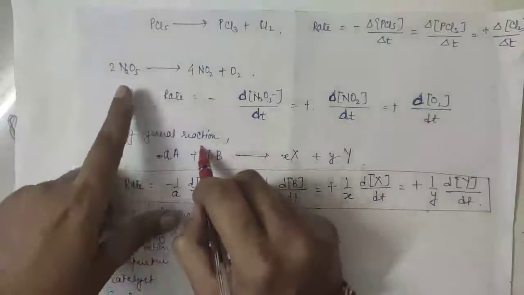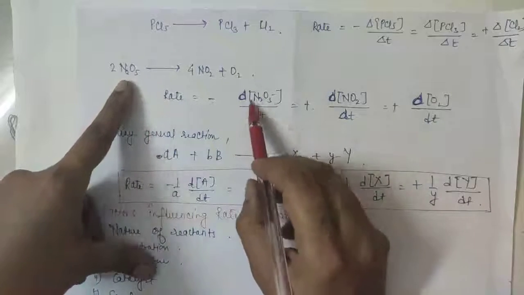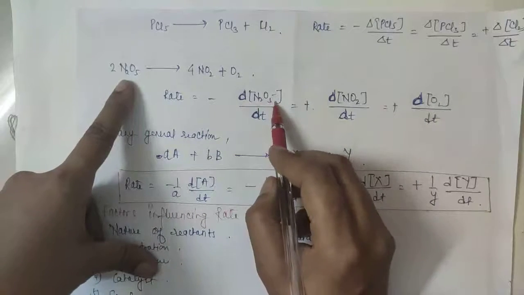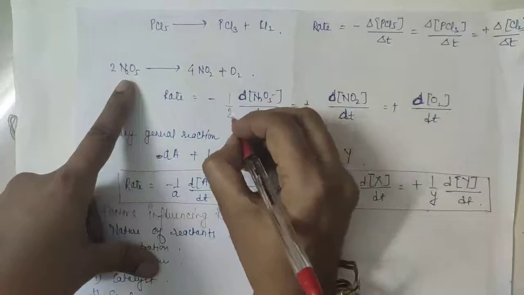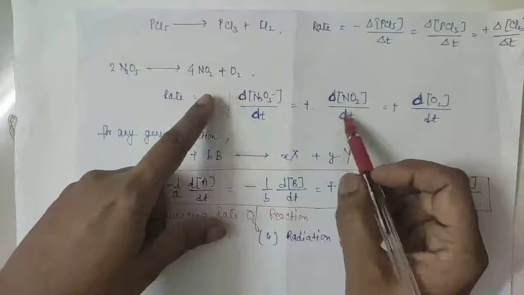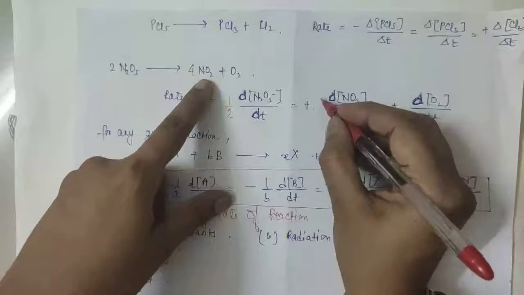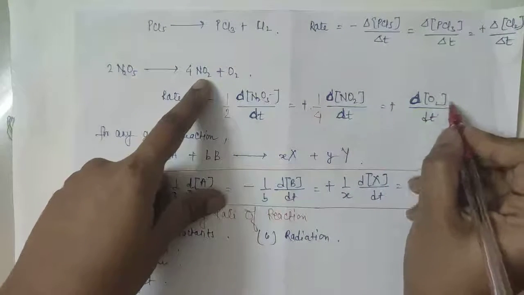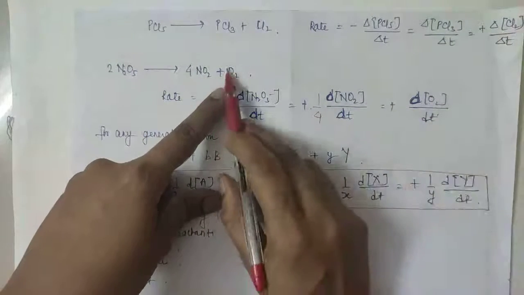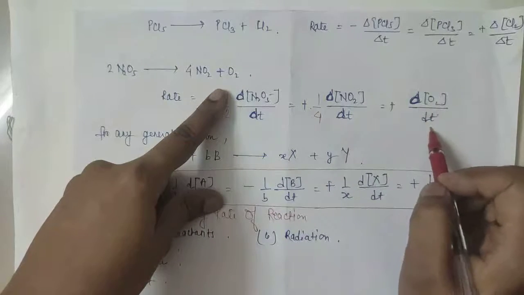For example, here we are using N2O5. The rate of decrease in the concentration of N2O5 by dt, here we put 1 by 2. Similarly, the increase in the concentration of NO2 by dt, we divide by 4, that is 1 by 4. And for O2, only 1 mole is represented, so it is written as it is.